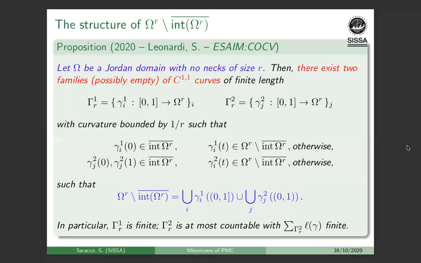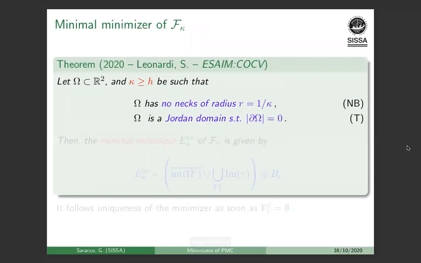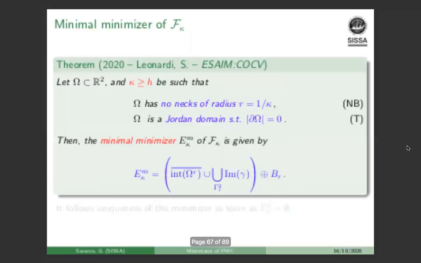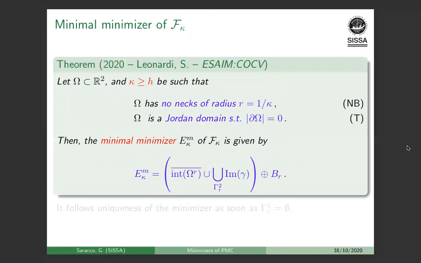Once you have this structure, you can prove who the minimal minimizer is, under the same set of assumptions. The minimal minimizer is the Minkowski sum of the ball of radius R with the closure of the interior omega, union the images of the curves in the second family, the curves which correspond to hallways.